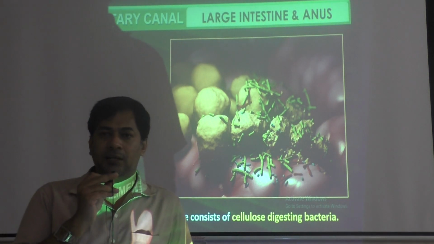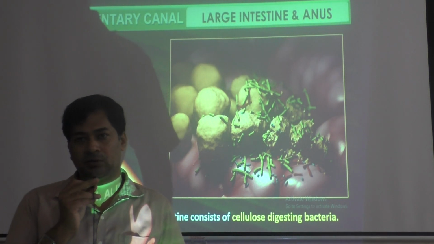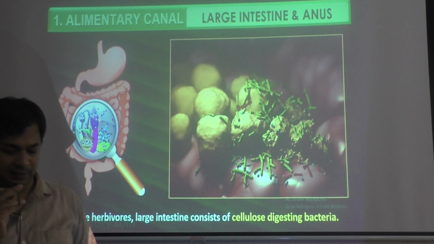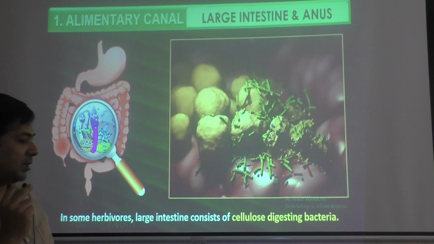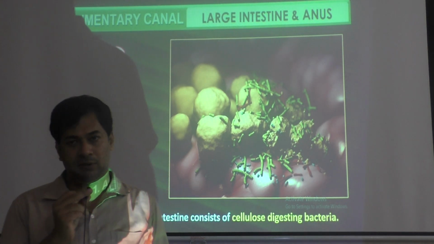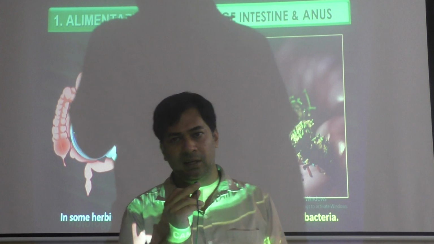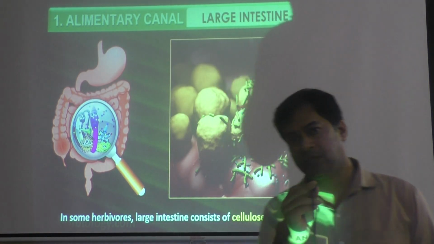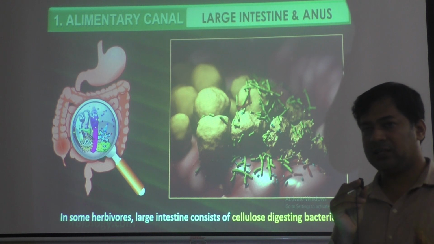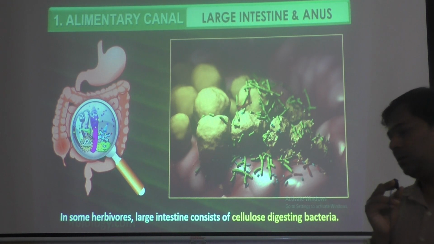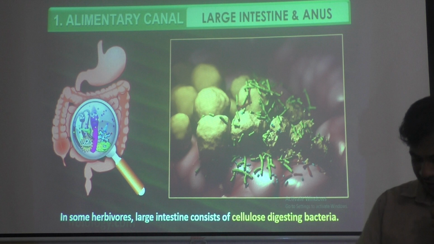The cell wall of plant material contains cellulose, and that cellulose has to be digested. For digestion of cellulose, there are cellulose-digesting bacteria in some herbivorous animals. The plants contain cellulose in the cell wall, that is why cellulose-digesting bacteria are required for them.